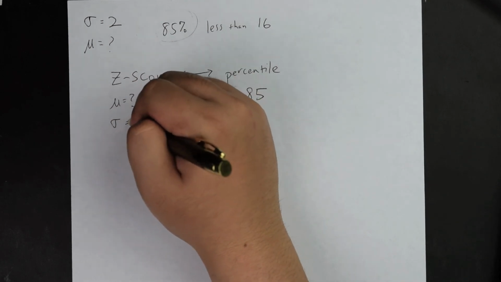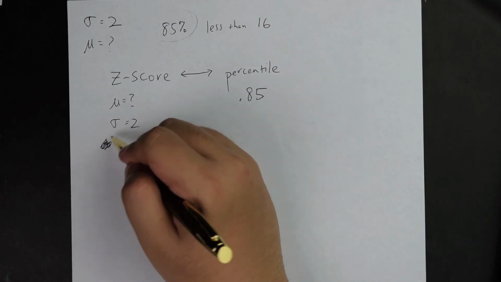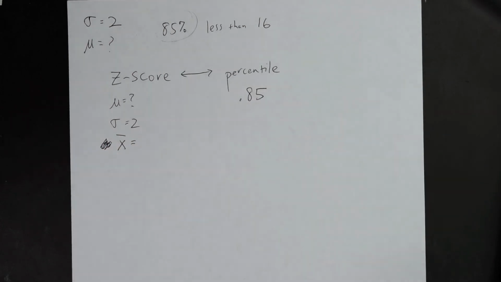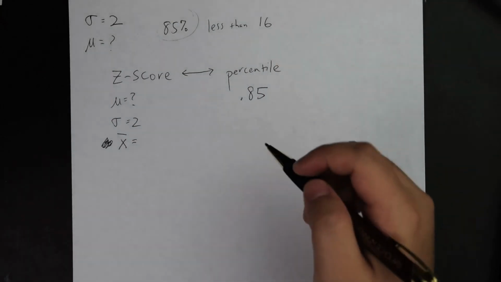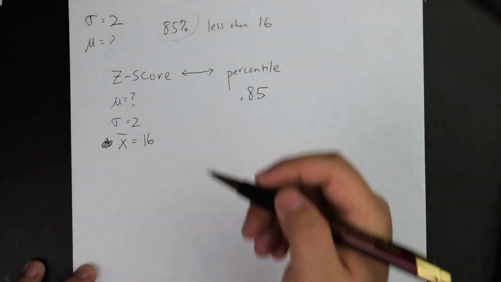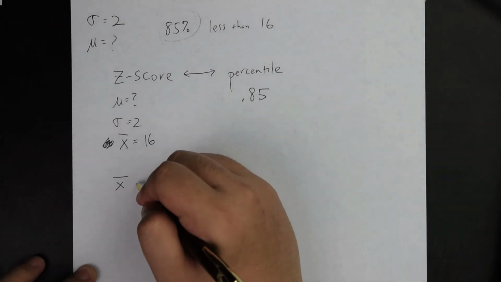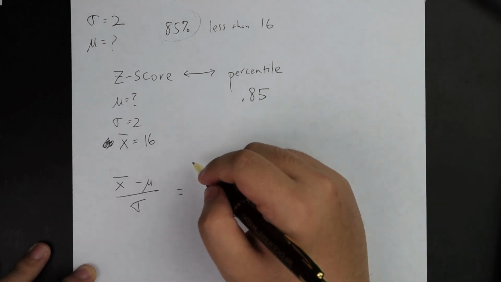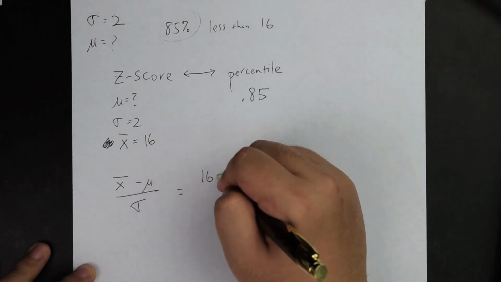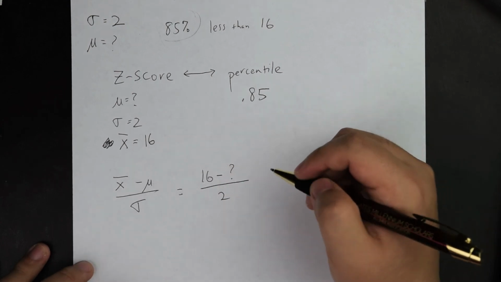My standard deviation equals 2. My observation, which I could write as the symbol x bar, is 16. Using the formula for z-score, observation minus mean over standard deviation, it's 16 minus my unknown, over 2, which equals my z-score.